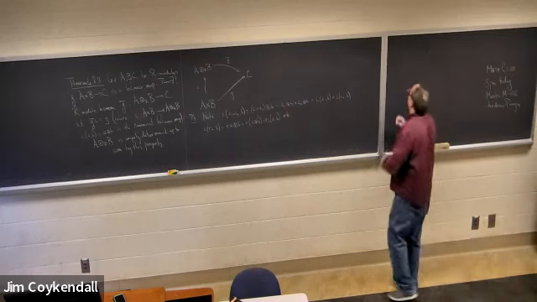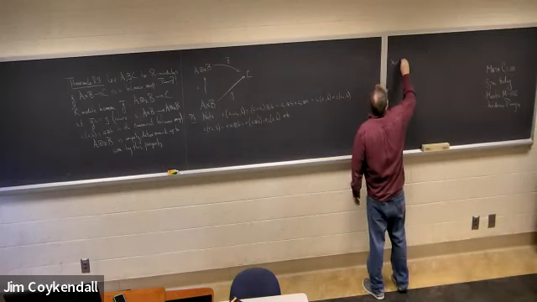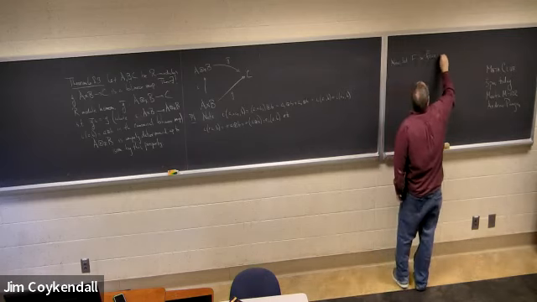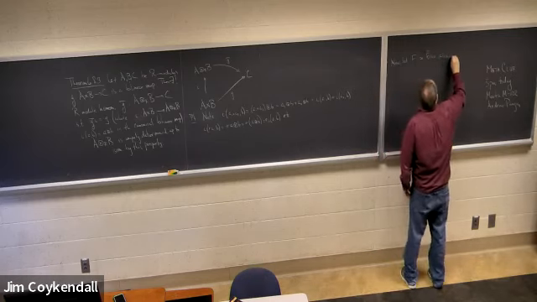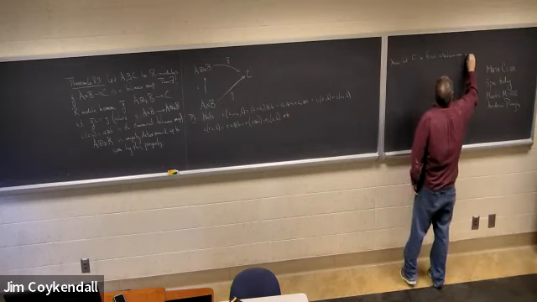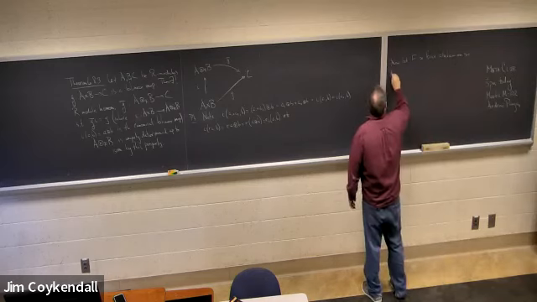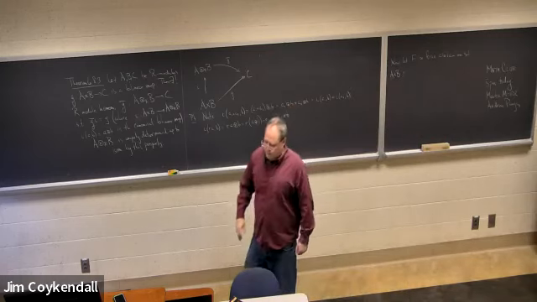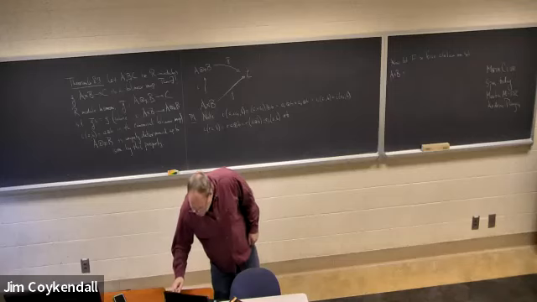Okay, so now let F be free abelian on the set A cross B, and we're going to let K be the subgroup that we define when we define the tensor product.